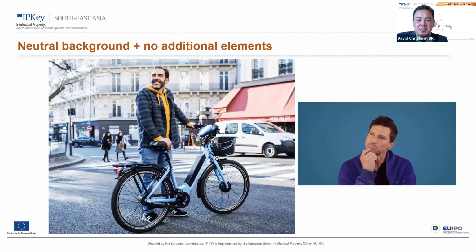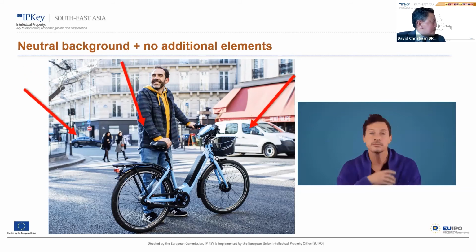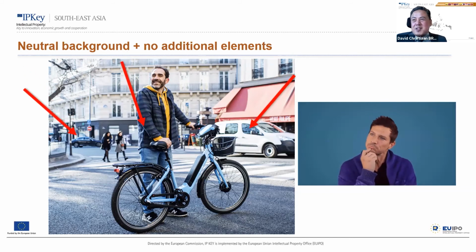For example, this. You see a nice bicycle. This is somewhere in France, in Paris. The design is the bicycle itself. Right. As you see, there is quite a lot going on in the background. There are people, and there are cars, there are buildings, and we can even say the people have clothing on.